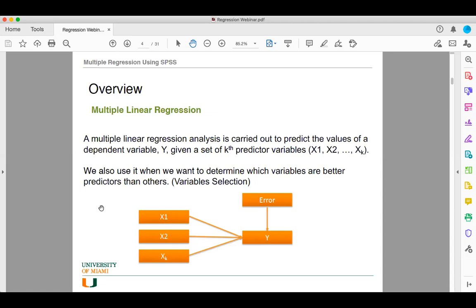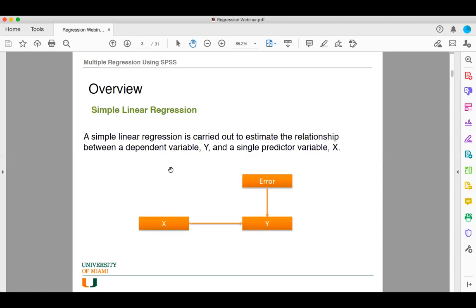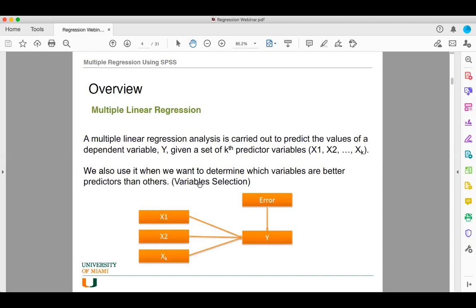Multiple linear regression is a general extension of the formula of linear regression. It is carried out for two purposes. First, to predict the values of a dependent variable, given a set of predictor variables. In simple linear regression, we have only a single predictor, whereas in multiple linear regression, we have more than one predictor.